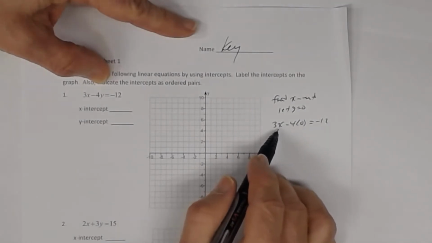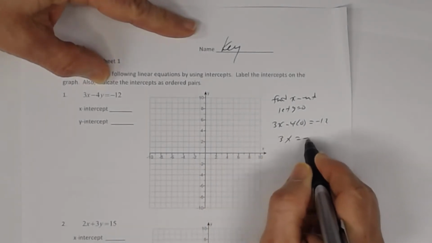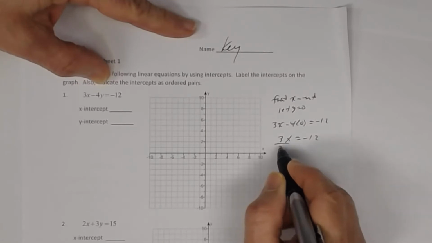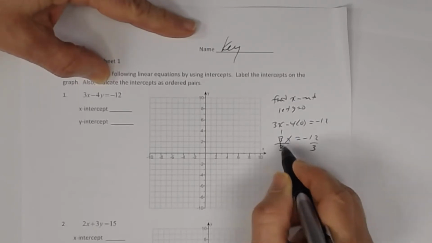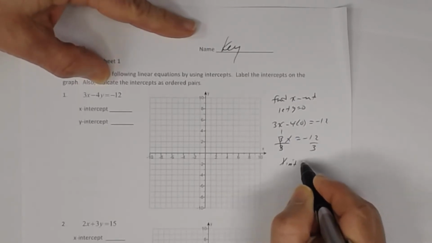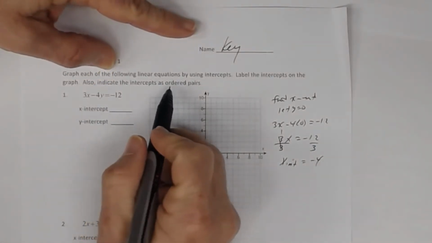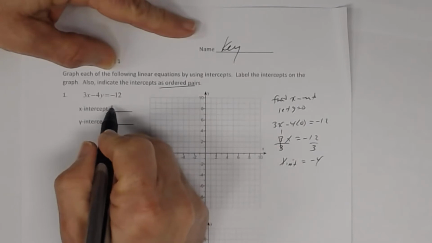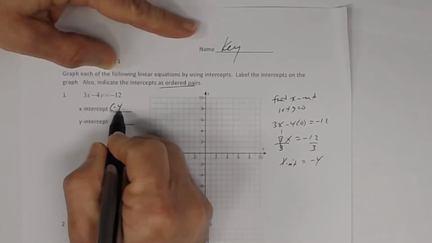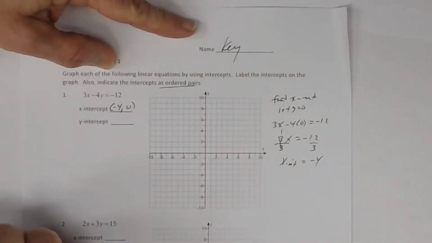So all you have is 3x equals negative 12. Divide both sides by 3 to get x by itself, and the x-intercept is negative 4. But it said write it as an ordered pair, so follow directions: (-4, 0).